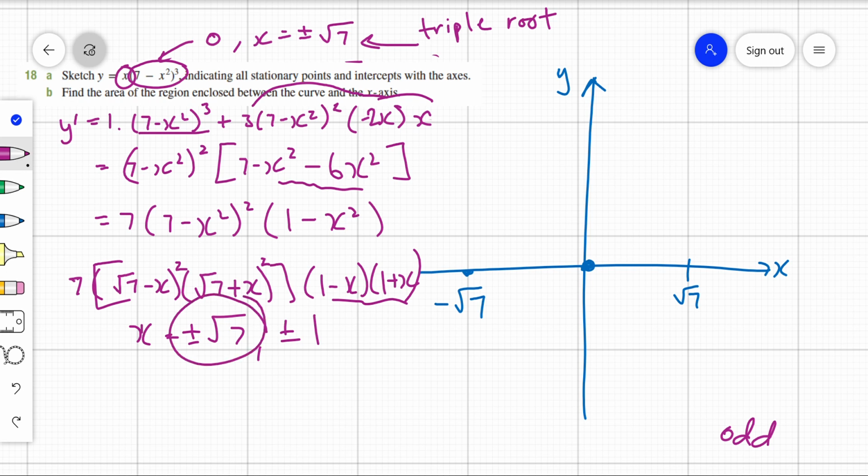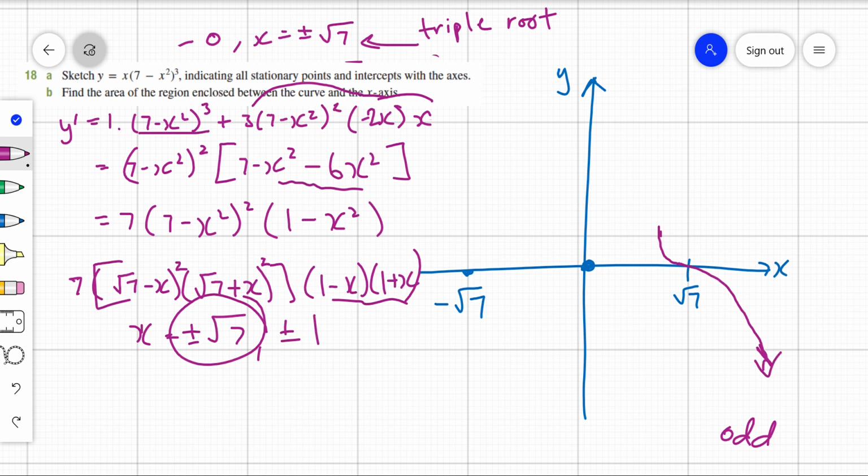Now, we already know this is a triple root, and the other thing we can note is that we've got a negative x to the power of 7 here, so it's going to start down here, and this is a triple root, so think of this as a cubic. Looks a bit like a cubic, except my pictures are a bit dodgy.